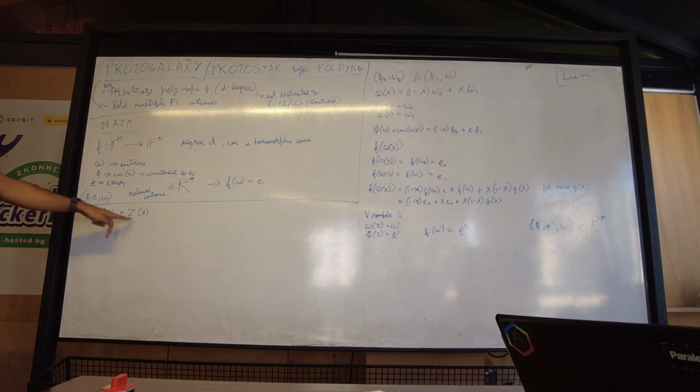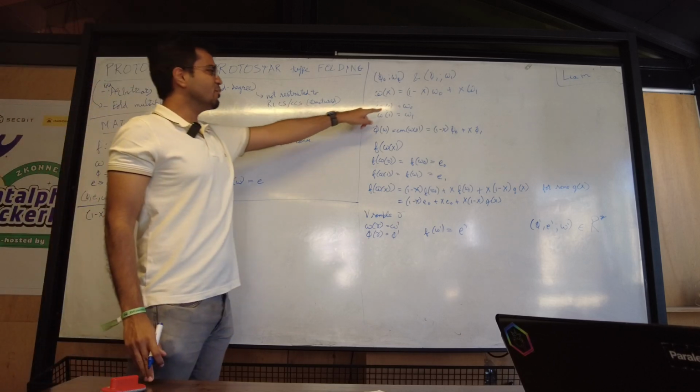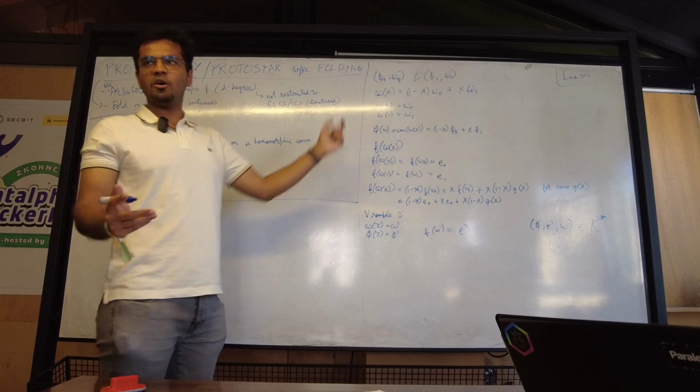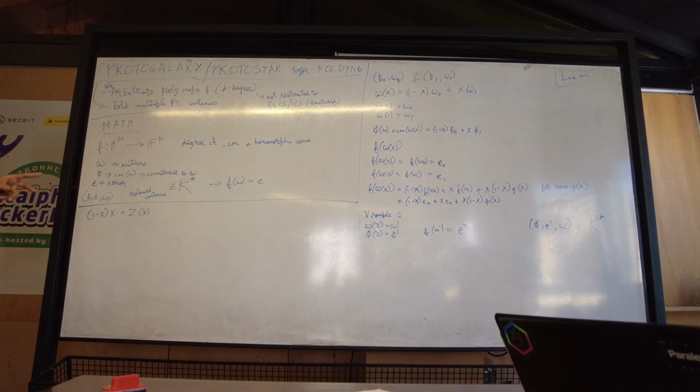So zx, which is equal to x into 1 minus x, can be thought of as a zero polynomial for a set which contains 0 and 1, and 0 and 1 are the points at which the witness is being evaluated. So this is for the two instance case.